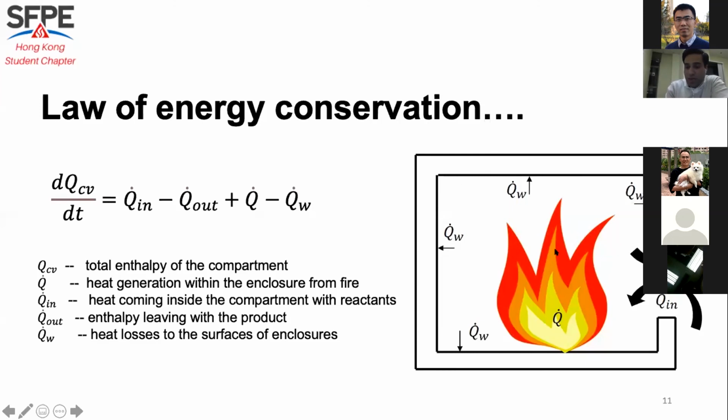And how much energy is generated here, that's Q, from the combustion, and some of the heat will be lost to the structure boundaries, which is of course QW. So this is the law of conservation which has to be followed throughout the process. It will never change. With this conservation, you can calculate the structure boundaries' heat losses or their temperatures, and you can perform the structural analysis.